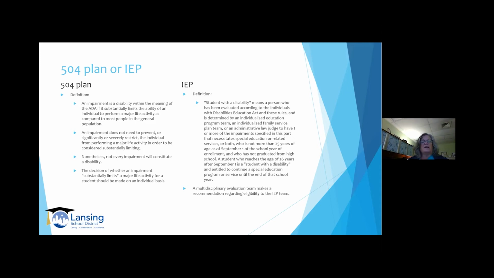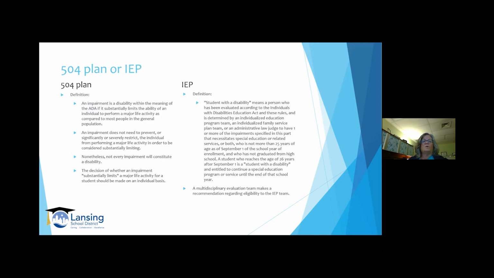So the example that I gave about the hearing would not be significant enough that it would limit that person's ability to perform their job or to perform the activities in a classroom. So though they are eligible under that major life activity, they can still go on about their daily activities with this intervention or an accommodation to be able to help them to access what they need to learn.